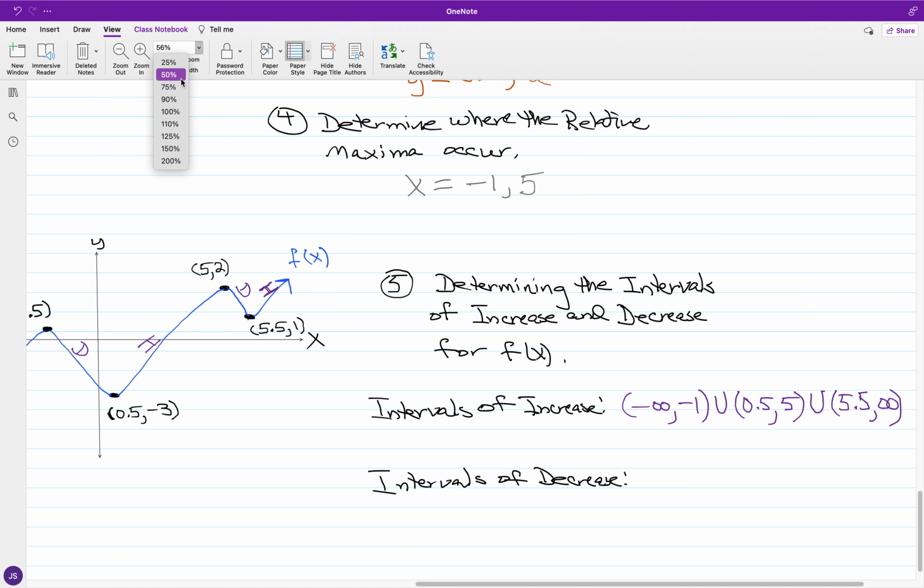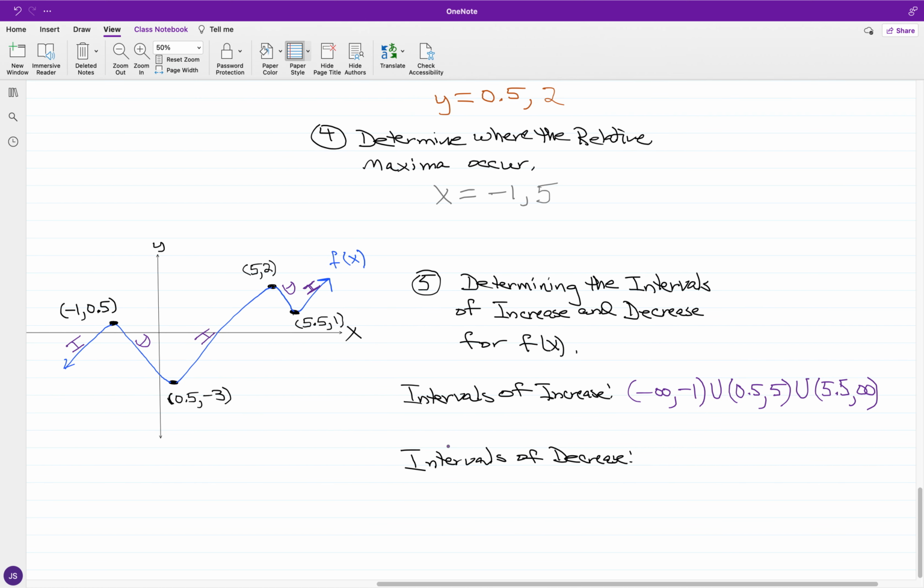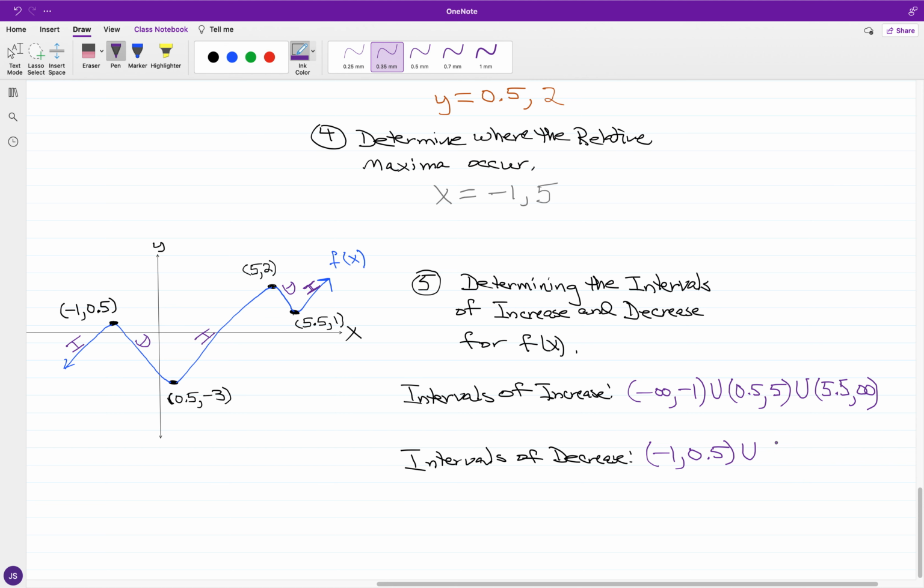Now for the intervals of decrease, the first is between -1 and 1/2. The second and last portion of decrease goes past 5 and approaches 5.5.